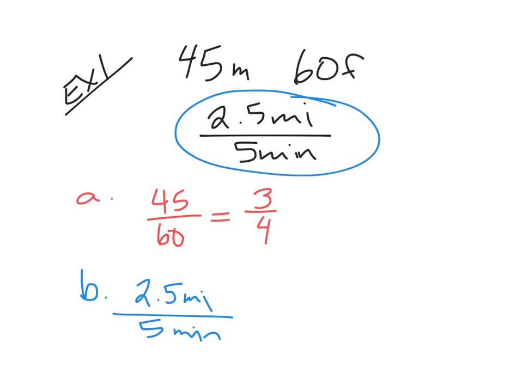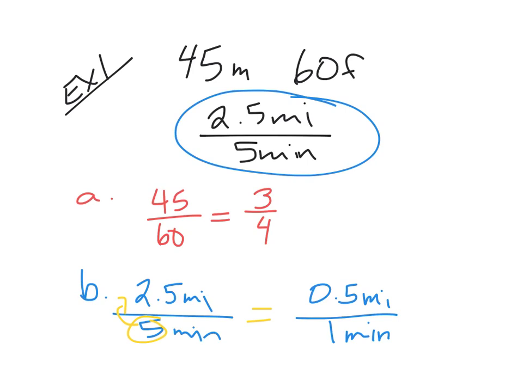In order to simplify that, I take the bottom number and divide it into the top number. 2.5 divided by 5 is 0.5. That's how many miles they went, and this is a unit rate. In how many minutes? 0.5 over 1. So that's the answer. That's how fast they were going.